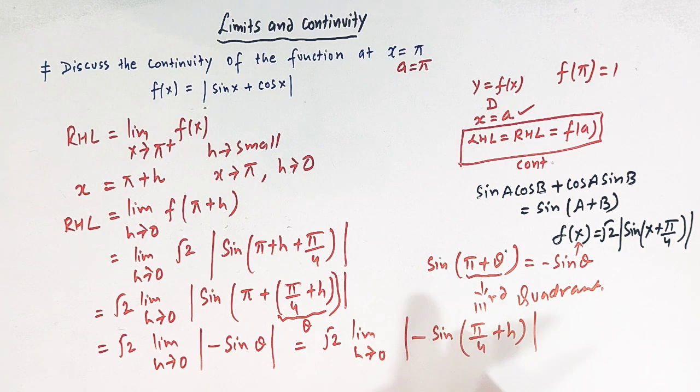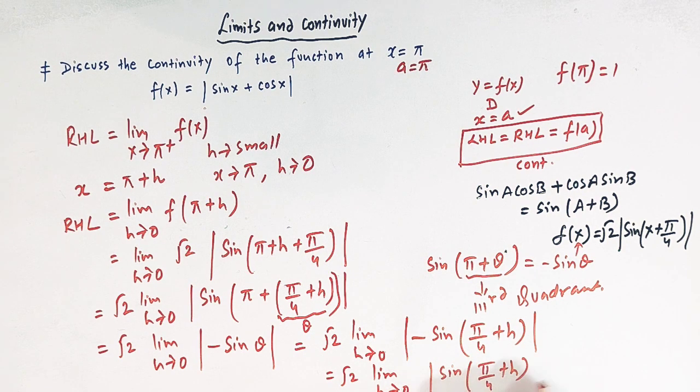Okay, so now this negative sign can be neglected here because this is inside the mod function symbol. So we have root 2, and we have simply limit h tends to 0 and mod of sine pi by 4 plus h, right?